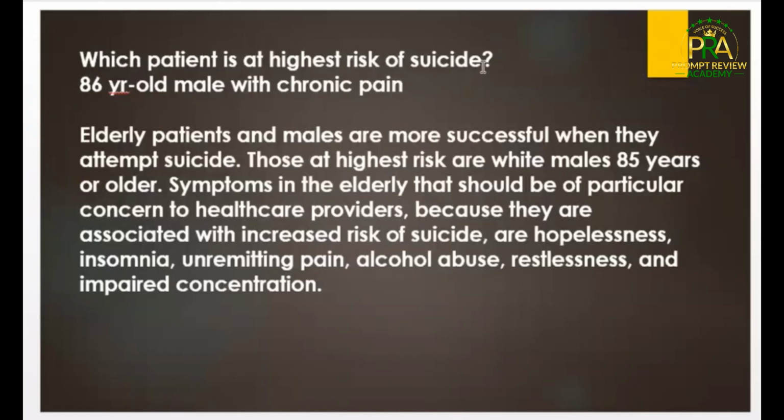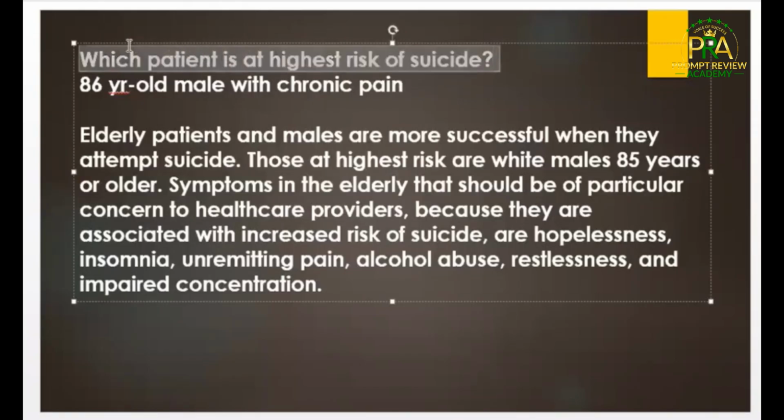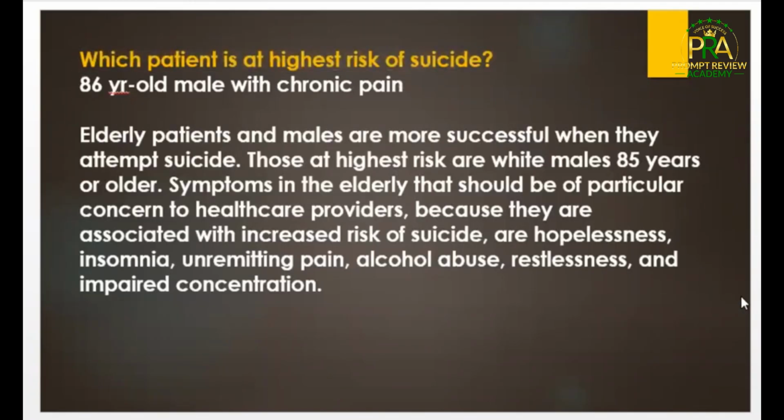Which patient is at highest risk of suicide? This is one of the questions you might see. They are going to list like 4 patients, then you have to choose the patient that is at risk for suicide. If you see anything like an 86-year-old male with chronic pain, or an 86-year-old man, white, it is usually a white male, okay?